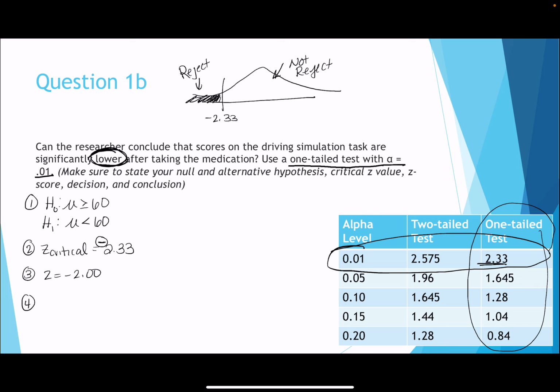So now we're going to make a decision. Negative 2 falls somewhere to the right of negative 2.33, which is in my do not reject region. So on this one, we do not reject the null hypothesis. Remember that when you're doing these, we never say that we accept the alternative.